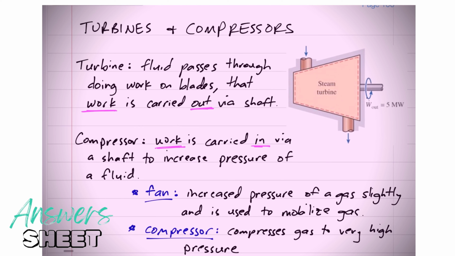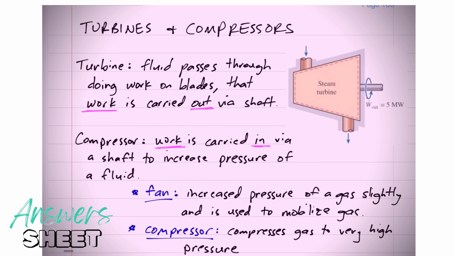A turbine gets work out by fluid going through it. You can think about putting a dam in a stream. The fluid going through there can turn the blades, can turn a shaft. We can get work out of a turbine. A compressor is backwards.